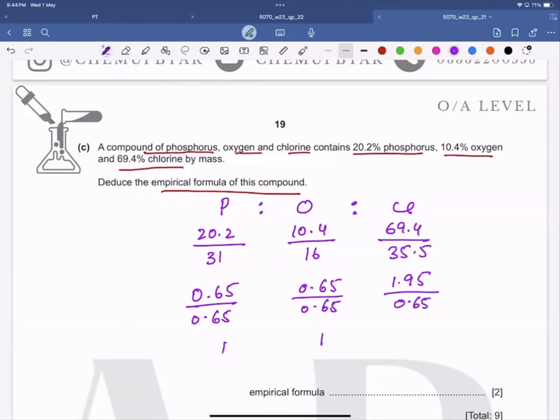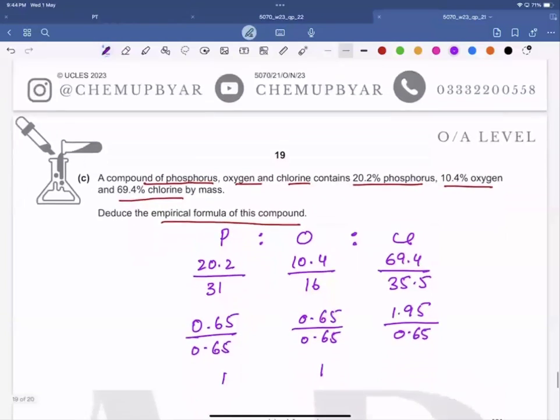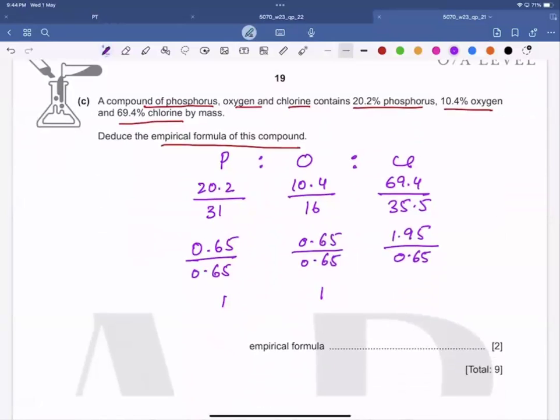Here I will get 1, here I will get 1, and here 1.95 divided by 0.65 is 3. So POCl3. Is this clear?